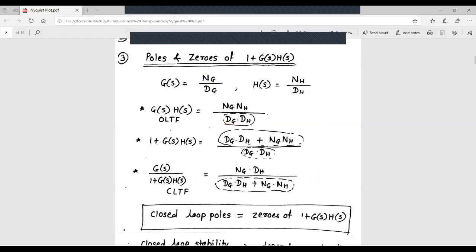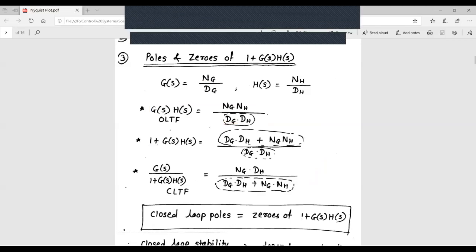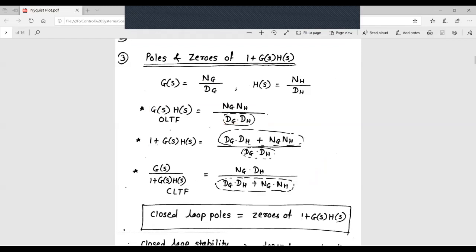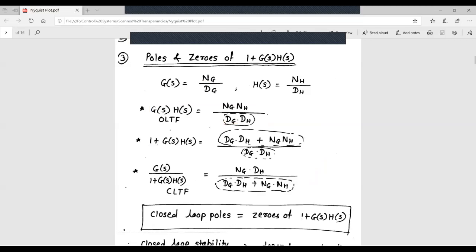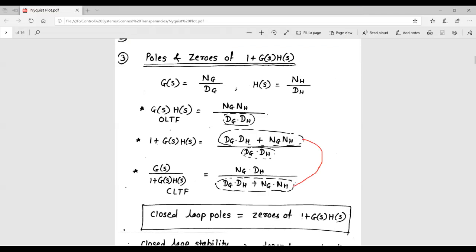Look at the equation of OLTF: in the denominator is DG into DH, and the same term is in the denominator of 1 plus G of S H of S. So what we can conclude is that open loop poles, as they are in the denominator, are nothing but poles of 1 plus G of S H of S. Similarly, the expression DG DH plus NG NH will give zeros of 1 plus G of S H of S, and those are nothing but the closed loop poles of the system.